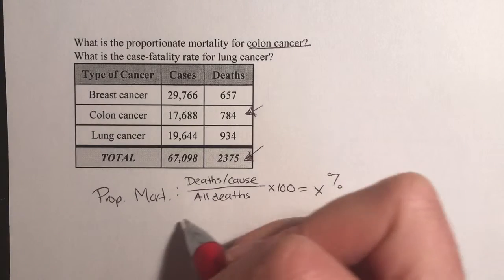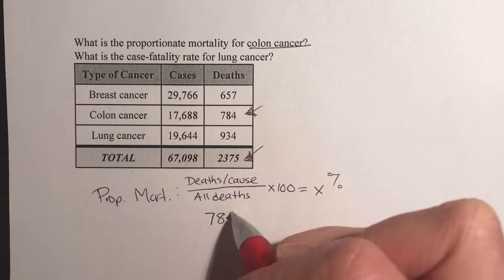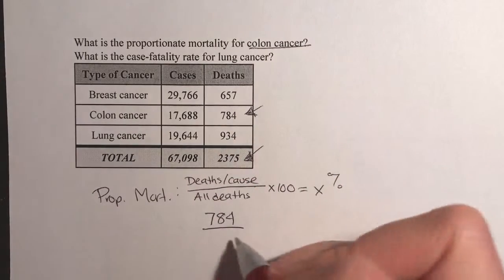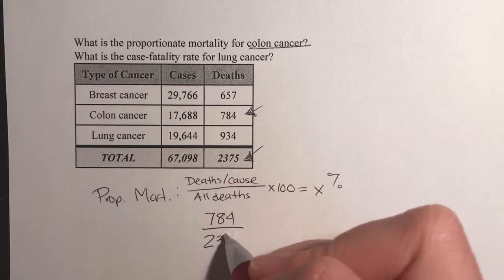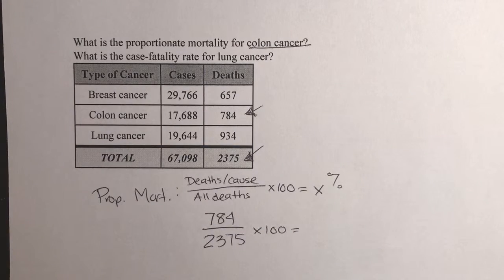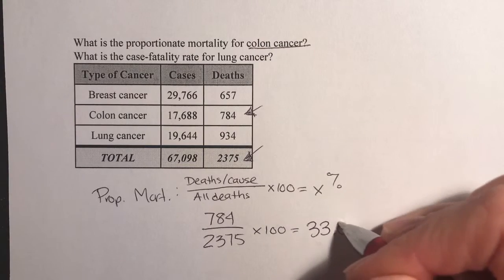So again, for our proportionate mortality example for colon cancer, we're going to have 784 on top. That's the number of deaths due to colon cancer, divided by 2,375 times 100, which when we plug that into our calculator, 784 divided by 2375 times 100 gives us 33.0%.